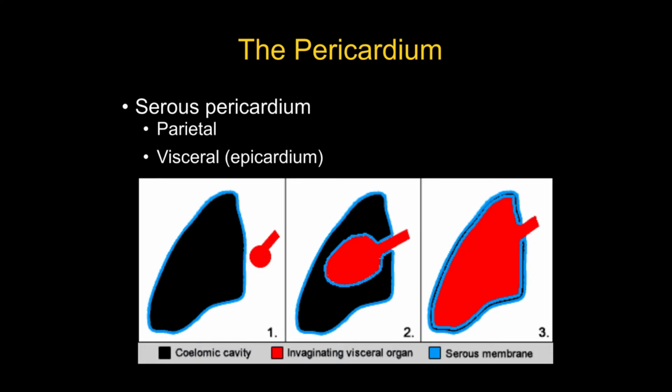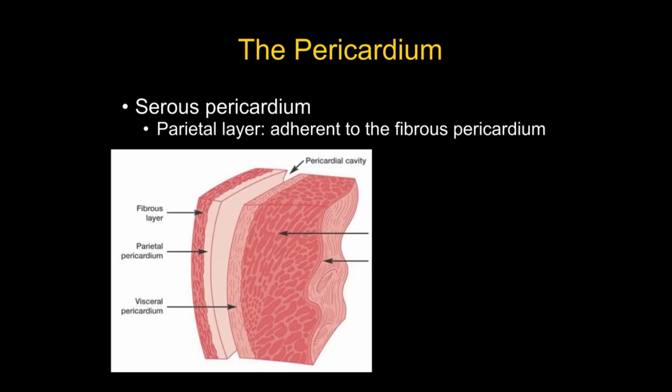So the heart penetrates into the coelomic cavity and carries on around it the lining of that coelomic cavity, and that persists as the serous membrane around the heart in the adult human. Now, if you look at this picture, you can see the pericardium as we know it on the left side and the heart here on the right side, and you have a space in between known as the pericardial cavity.